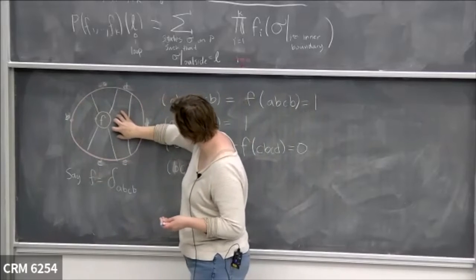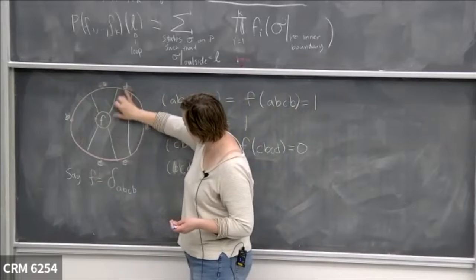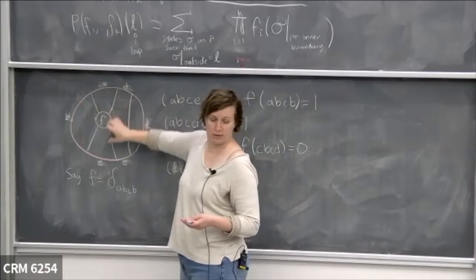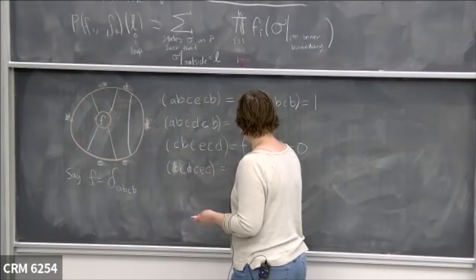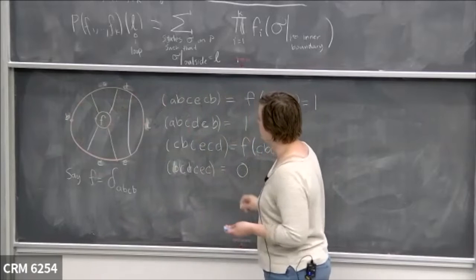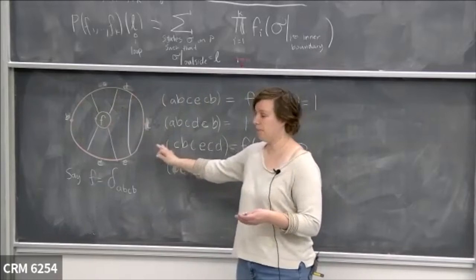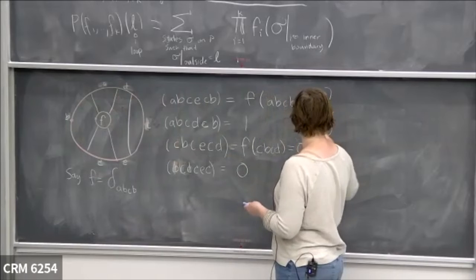Whatever label on this region, it can be either D or E, but not both. And so this one gives us back 0, as does every other loop on this graph, except for these two.